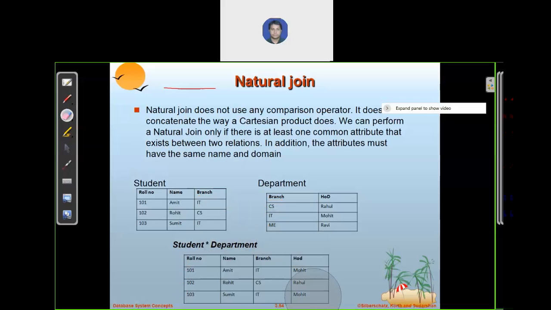Is it clear till this point? We have discussed this in the last class. If you have any doubt, you can ask. I'm pausing for 1 minute. If you have any doubt, you can ask. Even if it is clear, you can write in chat that everything is clear.